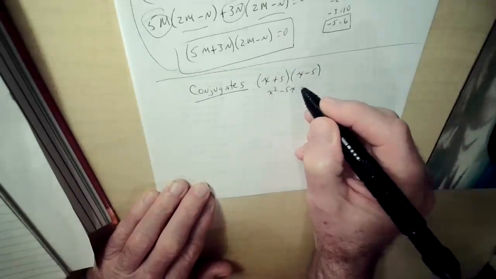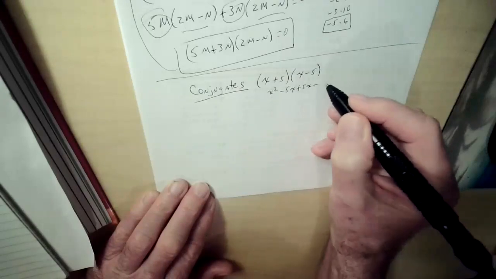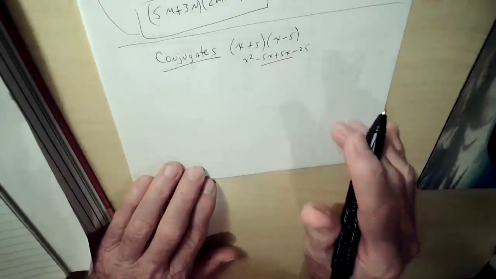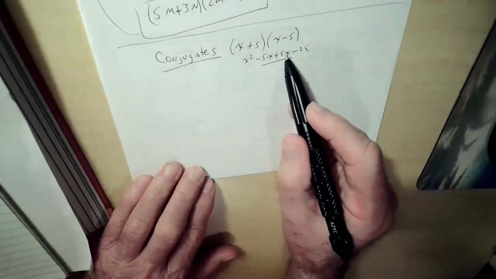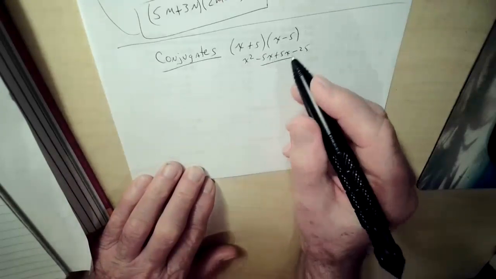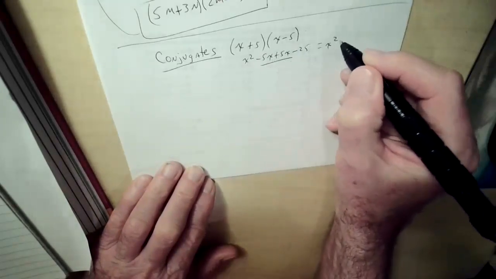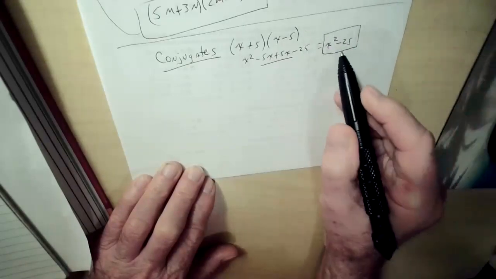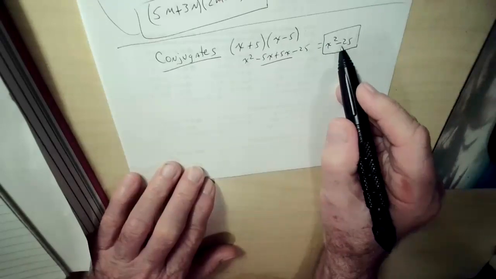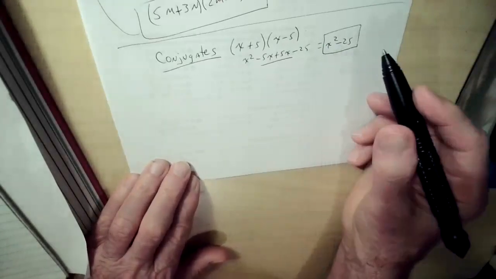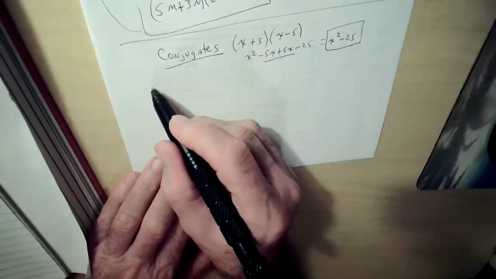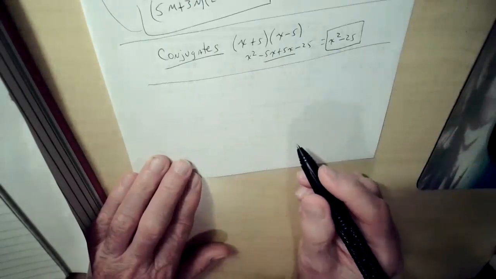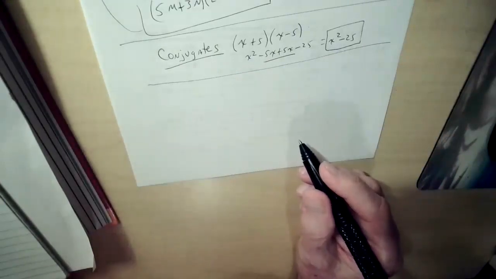They're opposites of each other. Now, if you do the distributive property here, you're going to get x squared minus 5x plus 5x minus 25. The linear terms here, the middle two terms, are opposites of each other. Any number minus itself is 0, so you end up with x squared minus 25. It has to be minus 25. Okay, those are conjugates.